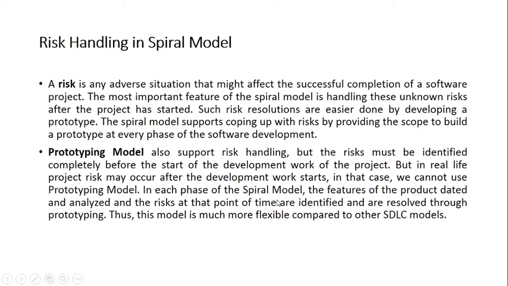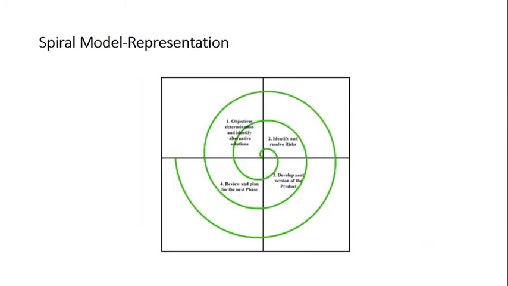In each phase of the spiral model, the features of the product are updated and analyzed, and the risks at that point of time are identified and resolved through prototyping. Thus this model is more flexible compared to the other SDLC models. What does it mean? If this is one phase, this is the second phase, in each phase we are carrying out this risk analysis or risk management.